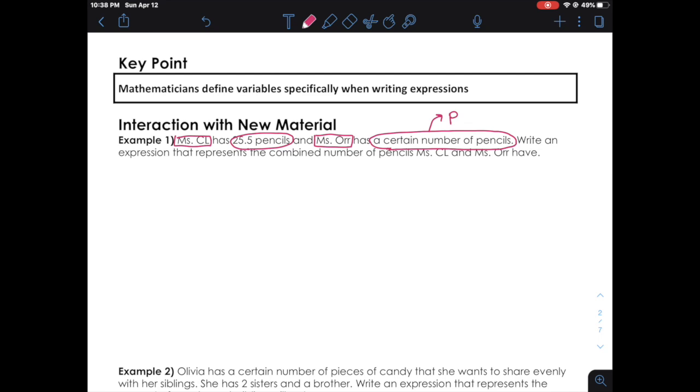So if you notice here, we have a part, which is my part, and then we also have Miss Orr's part. And the question wants us to write an expression where we're combining those numbers of pencils. So the word combine tells us we're going to be doing addition, and that this is going to be our total.